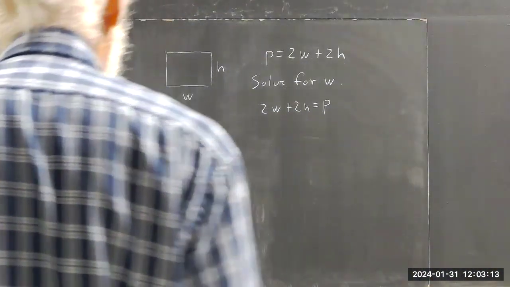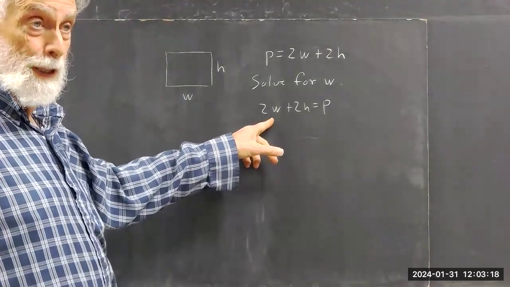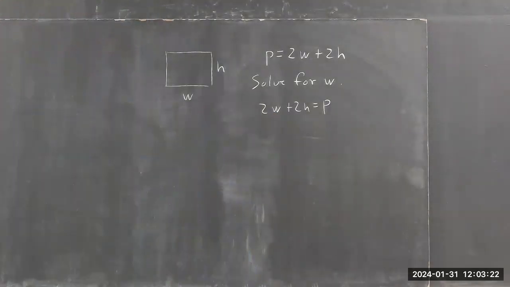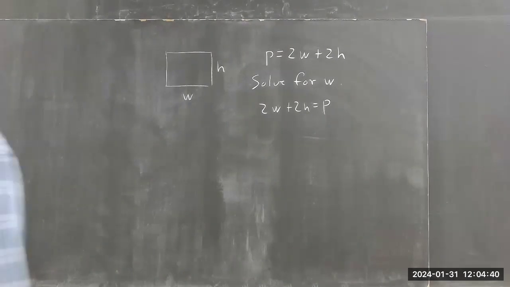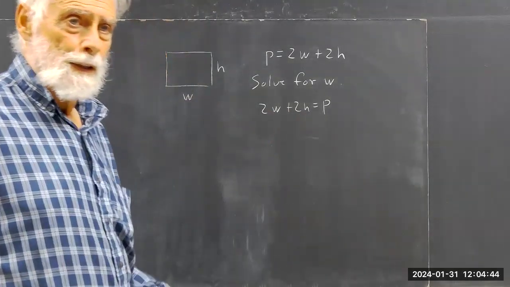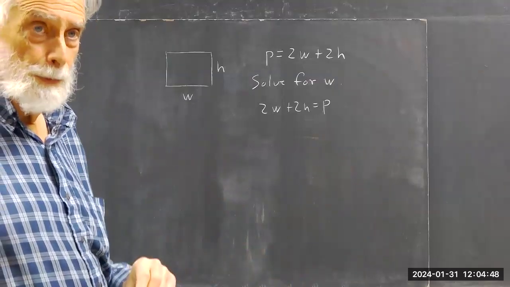So is there something I can do to both sides to get closer to having just W here? Let me follow up with a question. Is there anything you see now on the left-hand side that can't be there if you're just going to have the W?